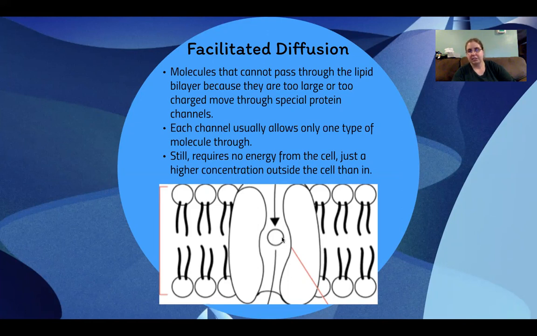Since it still requires no energy, the proteins are just sitting there like a hole or like a little pore in the membrane. It does not require any energy from the cell, so it's still considered passive transport. It's just a matter of transport or diffusion with the aid of a protein channel.